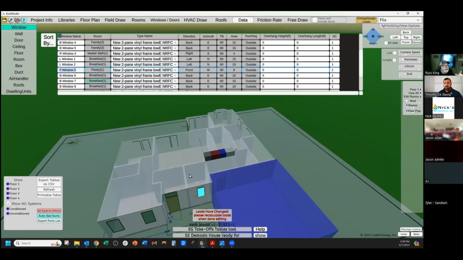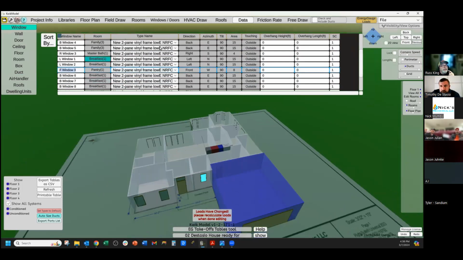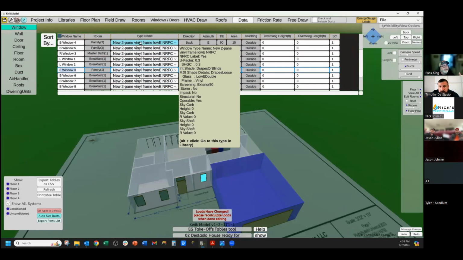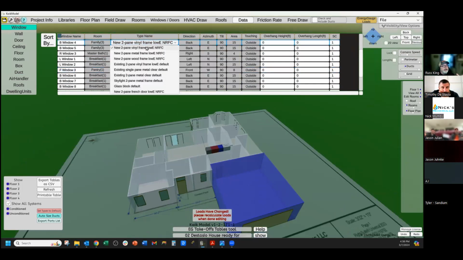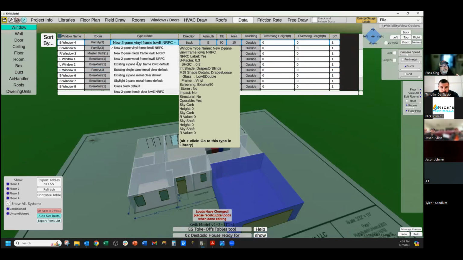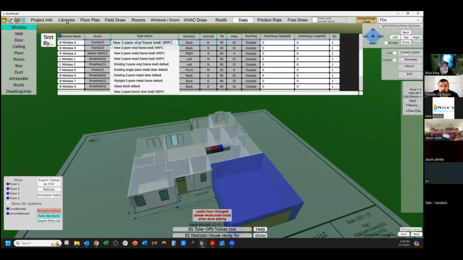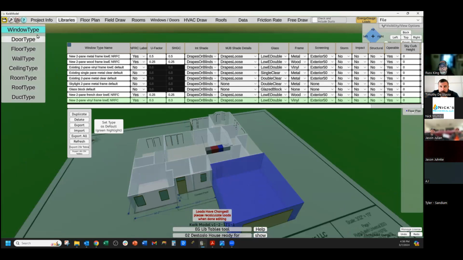So Tim mentioned the types of windows. There's lots of types. If you click this down there, it'll list all these different types of windows. All of these types come from this place up here called libraries. Libraries is where you store all your different window types, door types, and wall types, and these are totally editable.